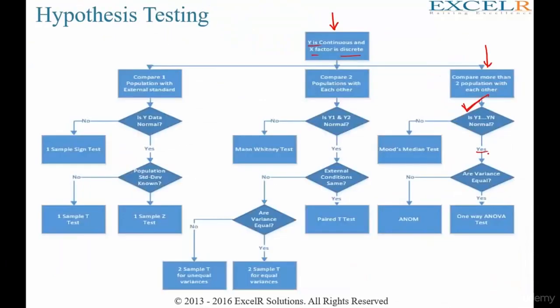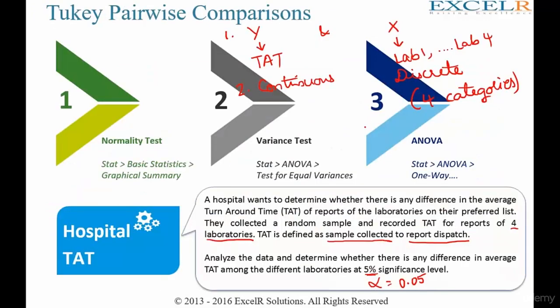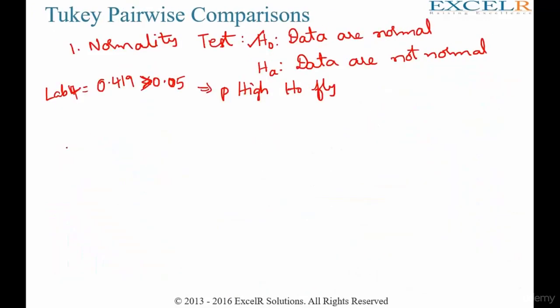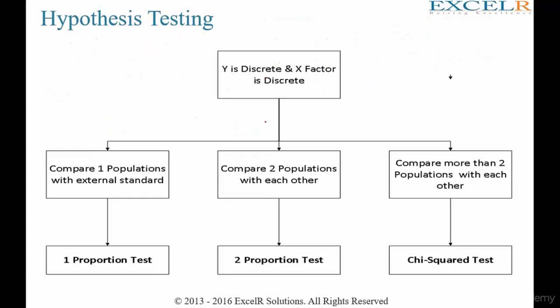If yes, what is the next step? We need to perform the variance test. Are variances equal or not? So the second test would be the variance test. H0, sorry, my bad.